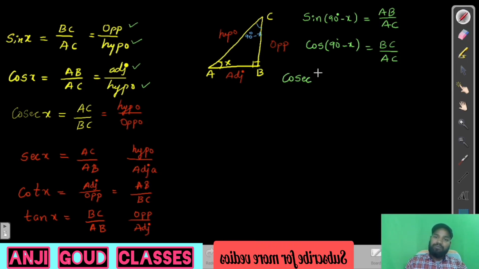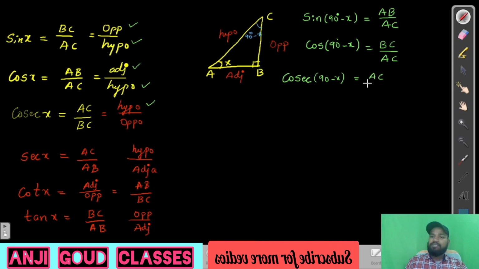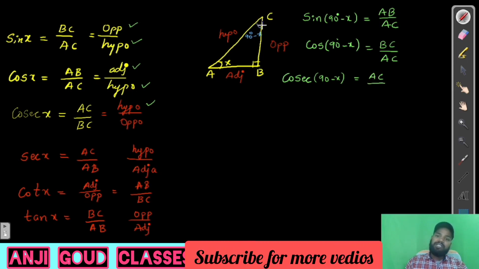Cosec of 90 minus x equals... What is the cosec formula? Hypotenuse by opposite. Hypotenuse here is AC, and opposite with respect to this angle is AB.